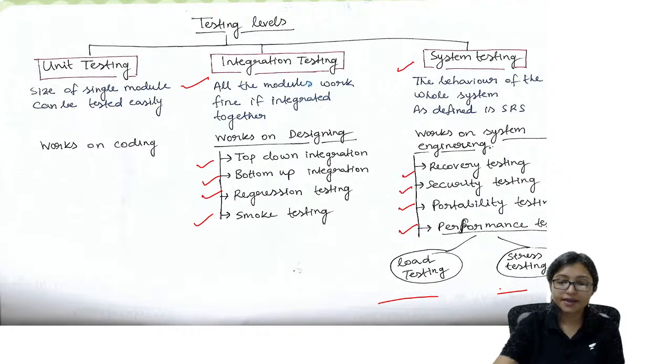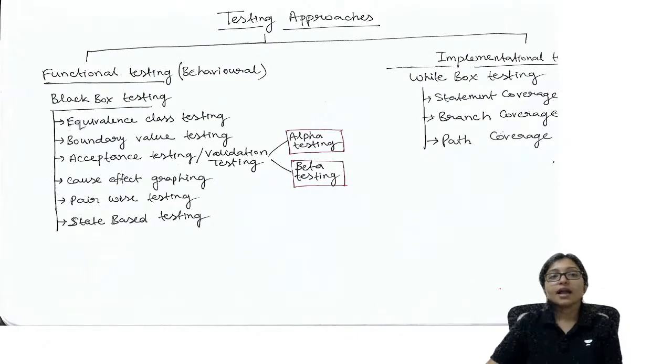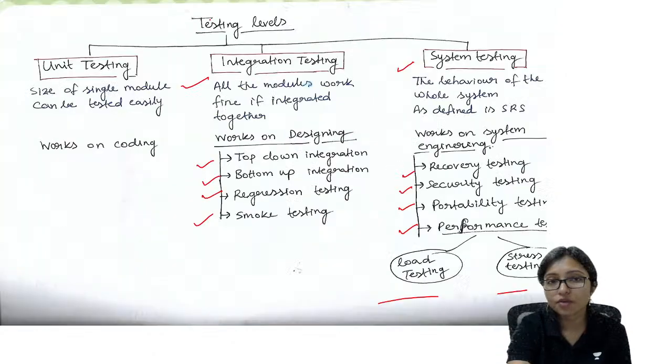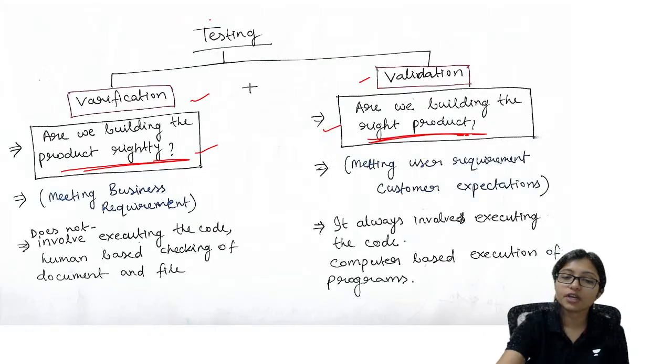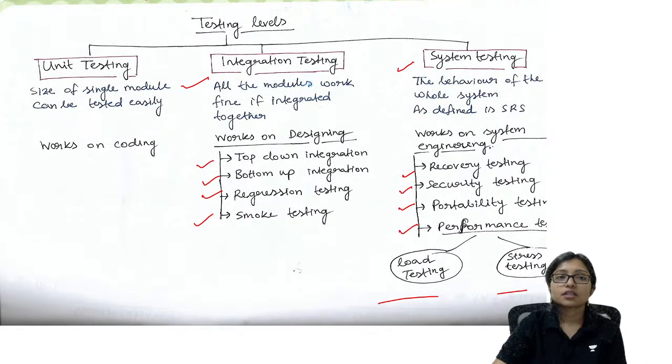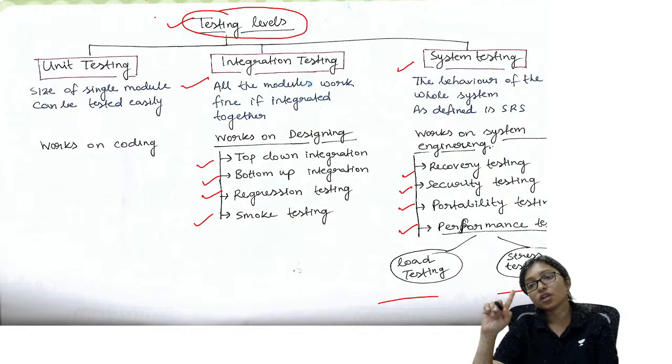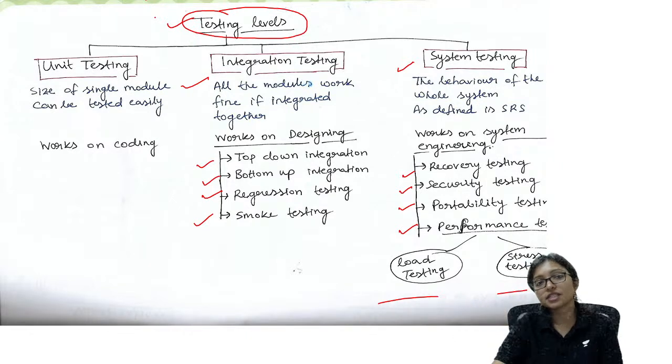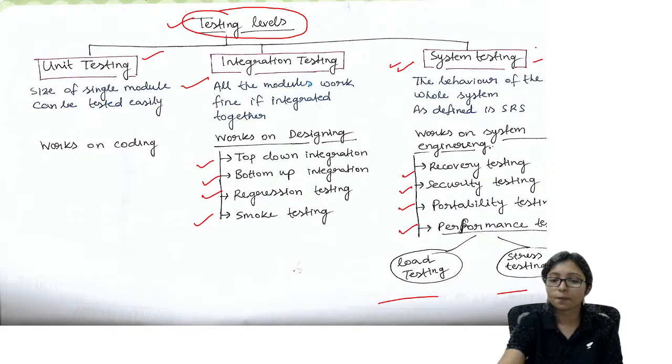I hope this is clear now. And according to the type of approach, these are the types of testing. These are the different levels and types. These are according to the level of testing. Be careful. According to the level of testing, that is unit testing, integration testing and system testing.